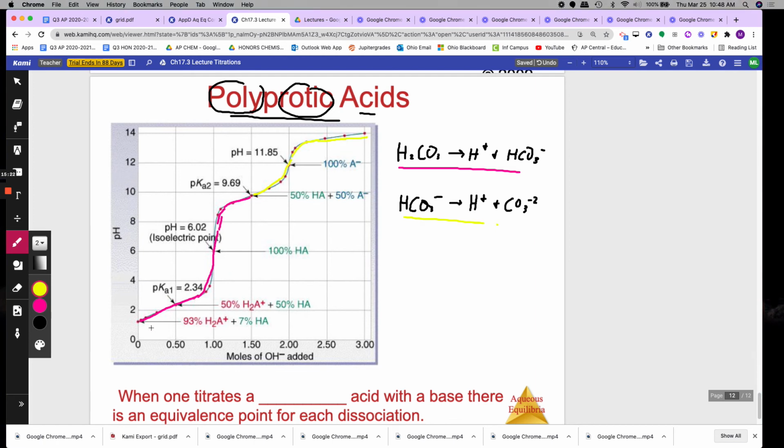So here in the beginning, you have all H2CO3. At equivalence point, you have all HCO3 minus.